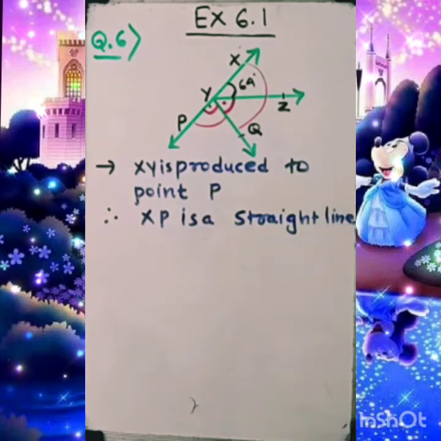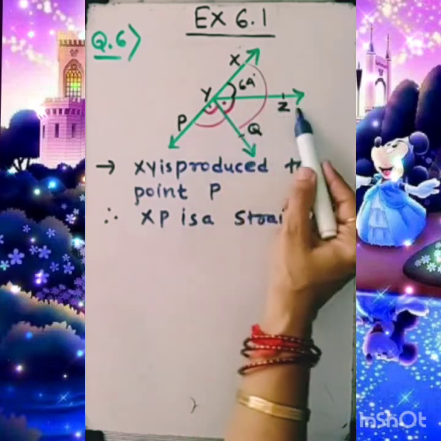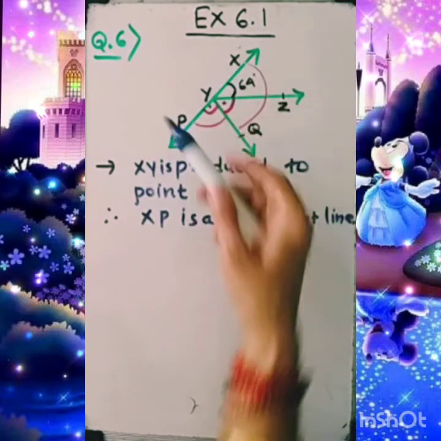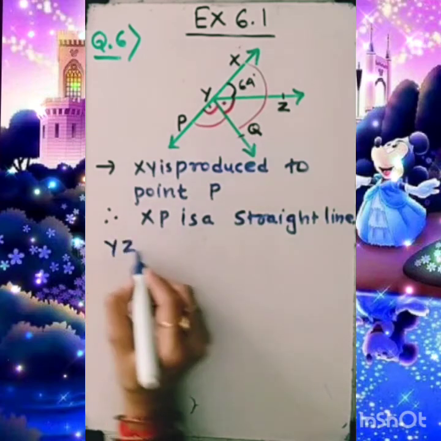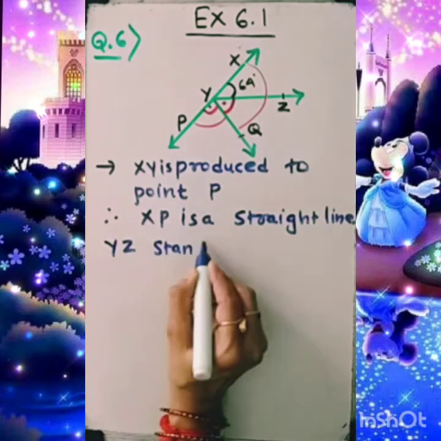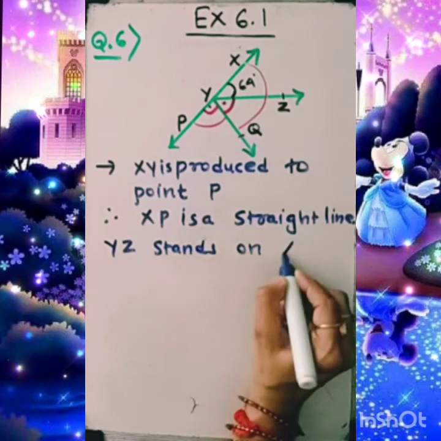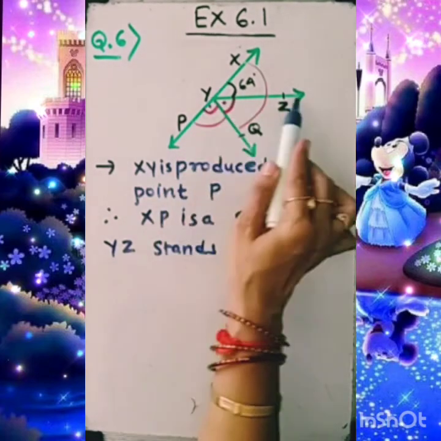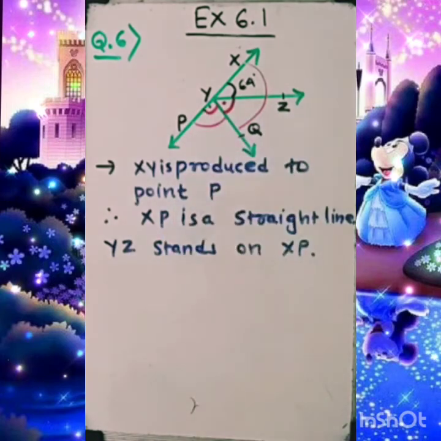Got it? Now my dear student, I can say YZ stands on XP. This is the line XP, and YZ is a standing line, or a ray.